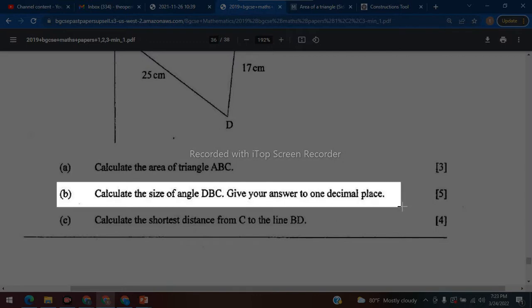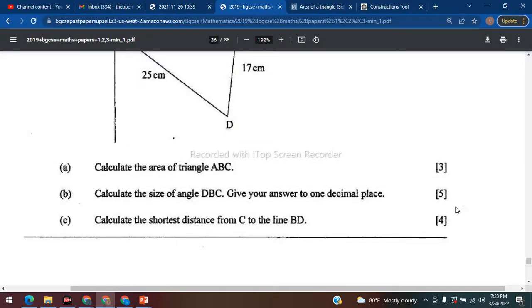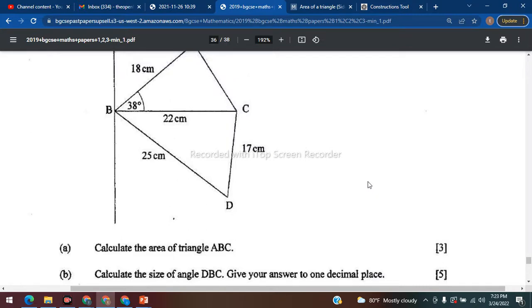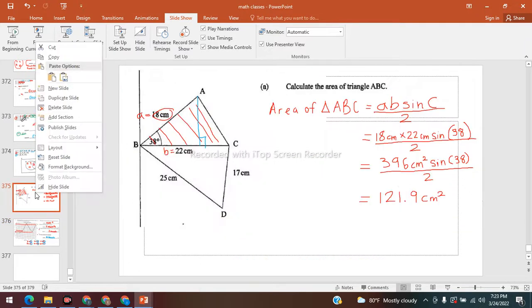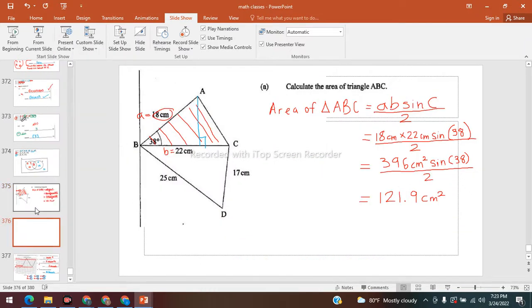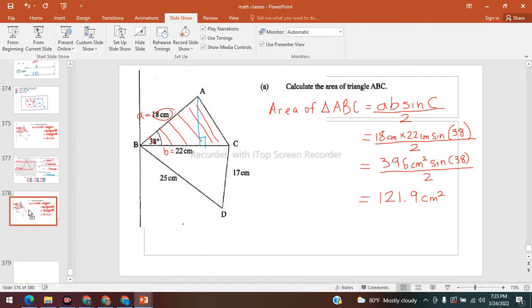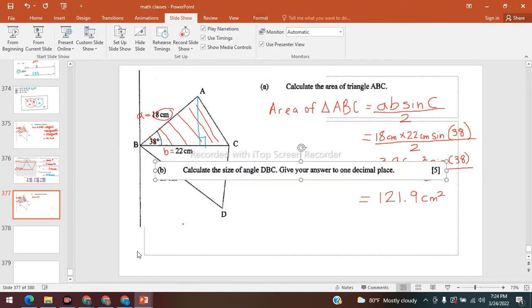Oh my goodness, this is for how many points? 5 points. All right, there are two triangles and a straight line. Yes, two triangles and a straight line is correct.